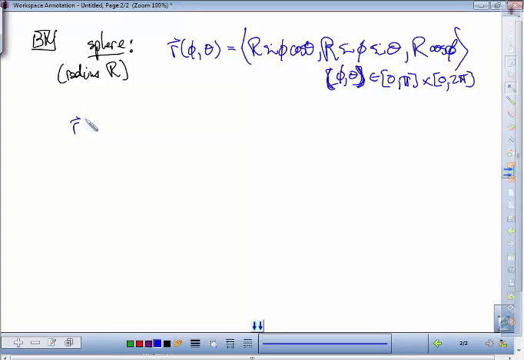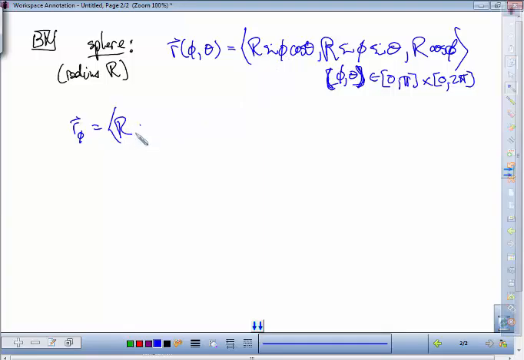So I'm going to start using a different notation for the partial of r with respect to phi, and remember the subscript notation means that you're taking the derivative with respect to whatever that subscript is. So this is going to be a 3-vector. R is a constant with respect to phi.